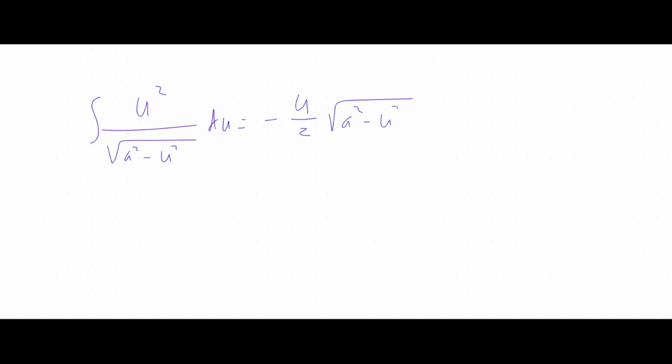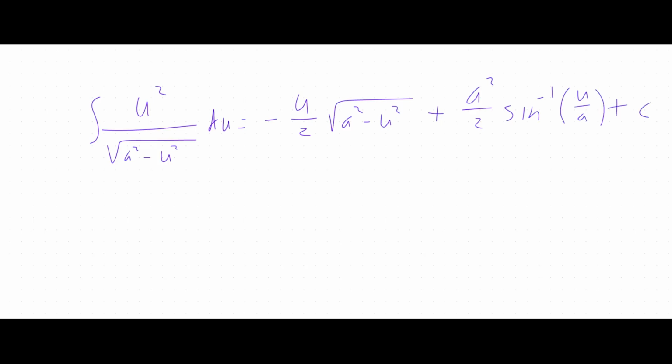So, for example, let's go with this. We know that the integral of u squared divided by the square root of a squared minus u squared du is negative u over 2 square root of a squared minus u squared plus a squared over 2 arcsine of u over a, and then don't forget your plus c.